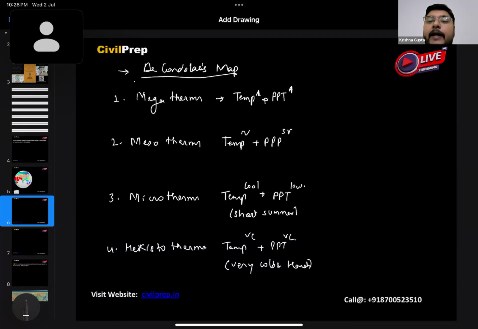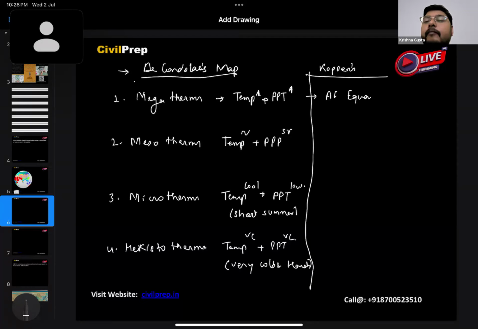Okay, now when I try to interlink this with Köppen's climate classification, we'll be seeing that the megatherm is linked to Af, that is equatorial. Then mesotherm is linked to tropical and savanna, that is Aw, Am, and Cfa.